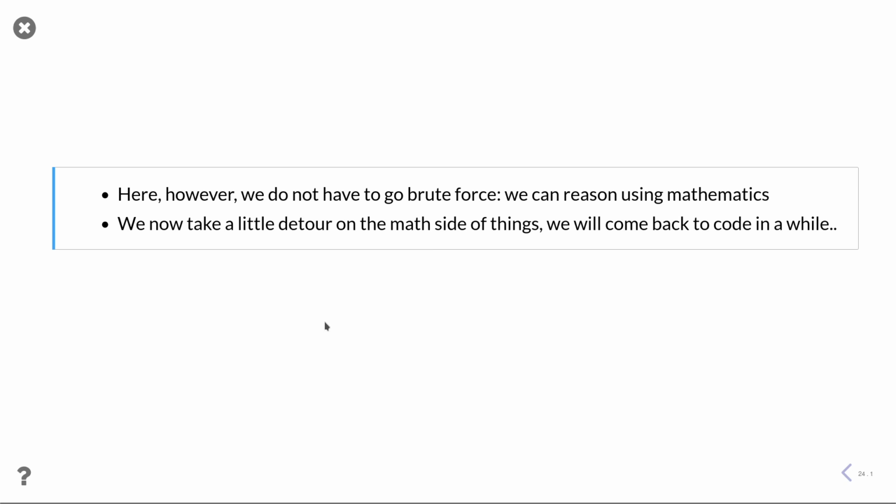In the next video, I'm going to show you that we could have done this computation by hand in a much easier way. So you will see that mathematically it is possible to solve this problem in a rather elegant way rather than using brute force as we've just done.